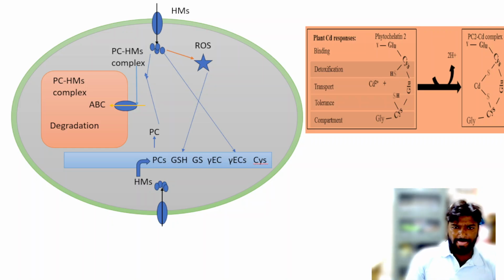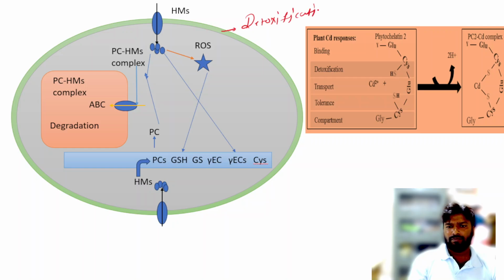Now come to the process of detoxification of heavy metals. Okay, so this is an example: when there is a high level of cadmium, then there will be binding of these phytochelatins to the cadmium, followed by detoxification, transport, tolerance and compartmentalization.